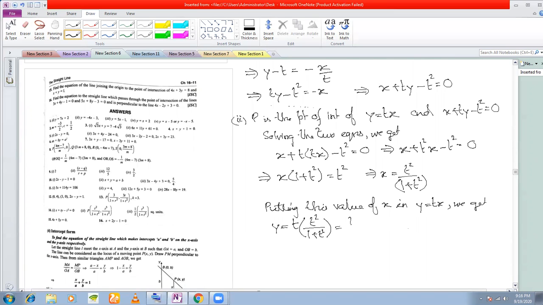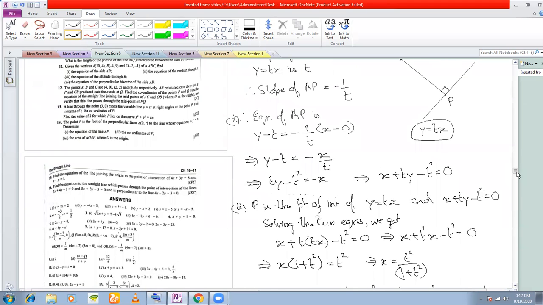Therefore, the coordinates of P are t square by 1 plus t square and t cube by 1 plus t square. These are the coordinates of P.